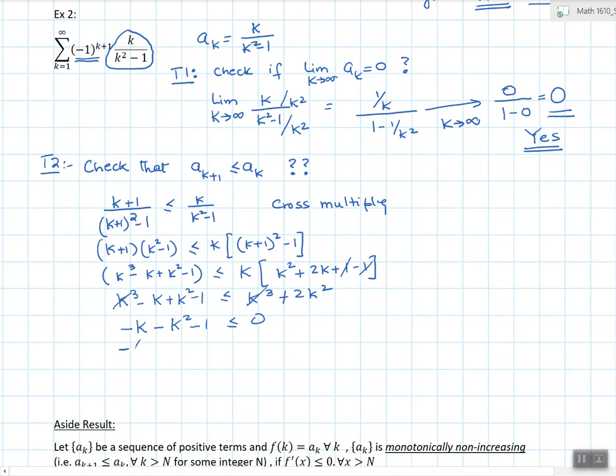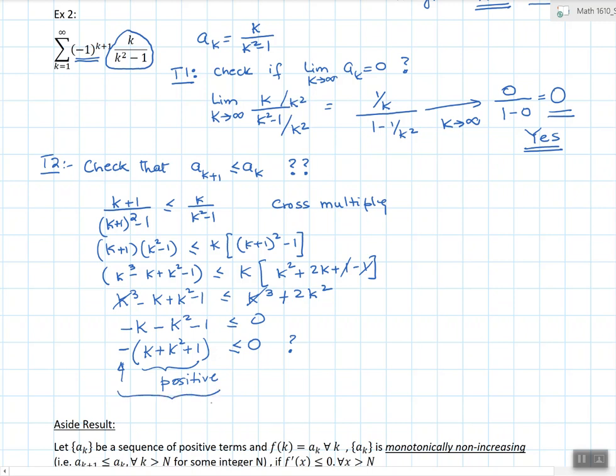So that means negative k minus k squared minus 1 is less than or equal to 0. Is it? Well, k, k squared, 1, all these three terms are positive. And then you have a minus sign in front.